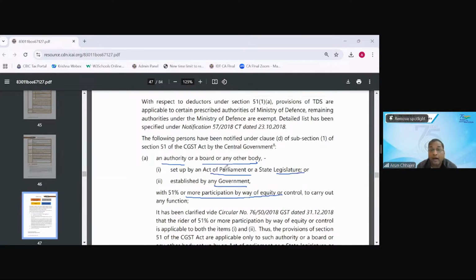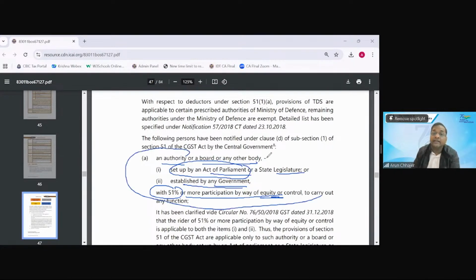This means, let's say, ICAI is set up under an act of the parliament. Then LIC, likewise set up under the parliament, or any government establishment having 51% or more participation by way of equity or control, will also be covered under the TDS category.